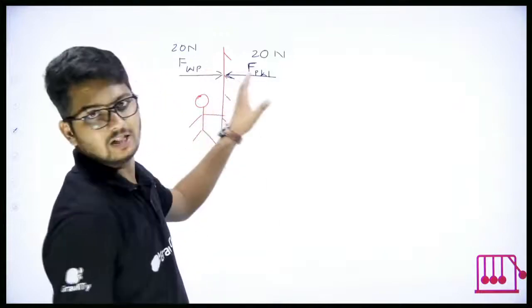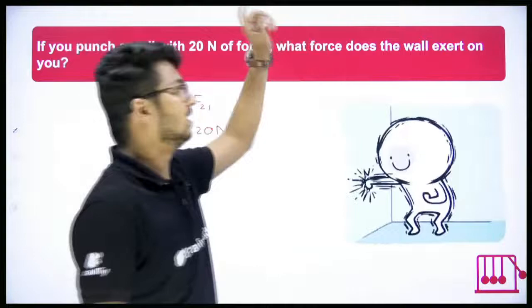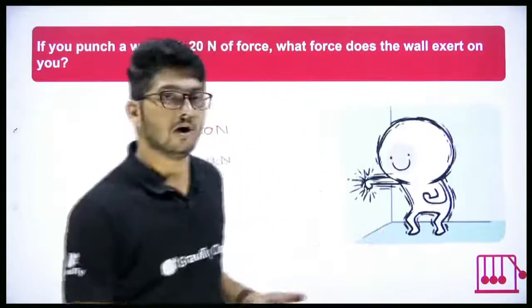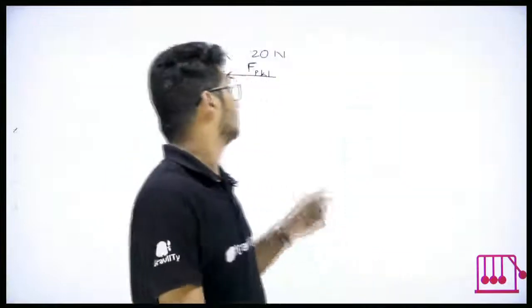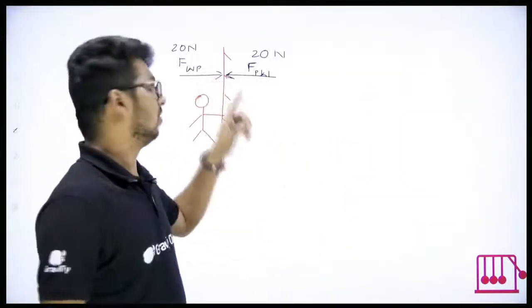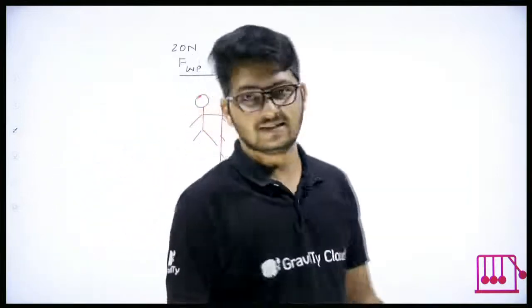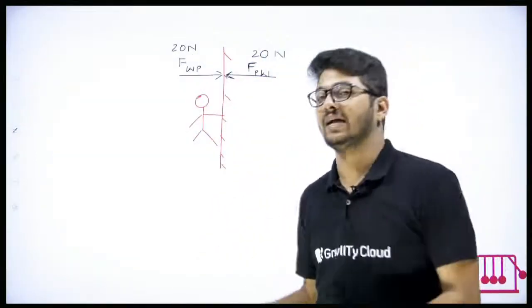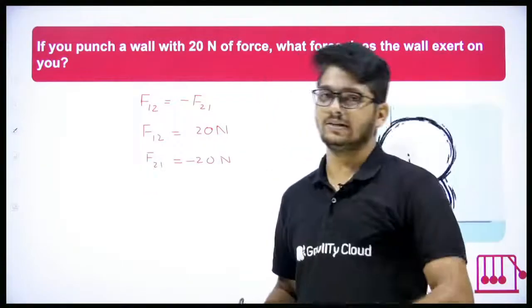This is force on the person by the wall. So if you read the question, how much force is the wall applying on you or on the person? 20 Newton. And that is the answer. Simple. Action and reaction are equal. Good? Let's continue.